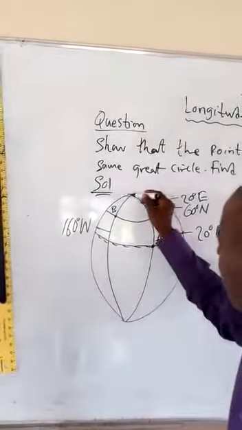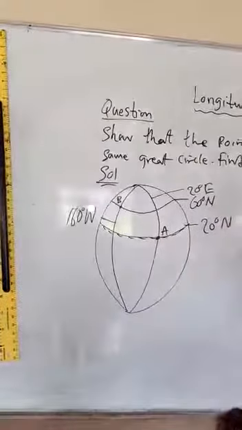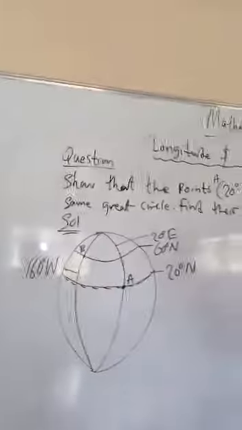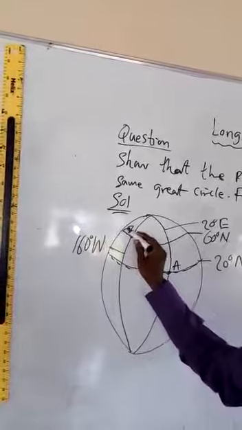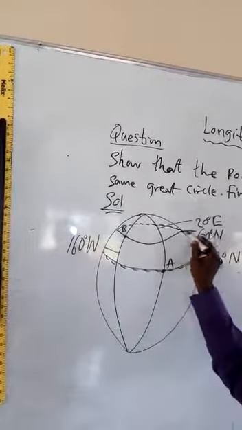Now, to show that these two points lie on the same great circle, we know that a great circle is a line of longitude, the point that lies on the line of longitude. So this line here is still part of the line of latitude of 60° north.